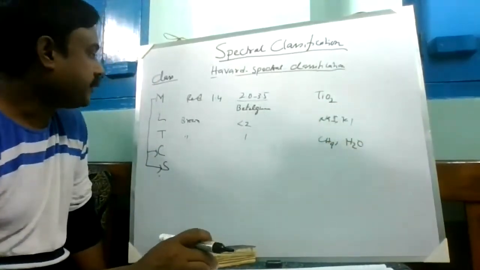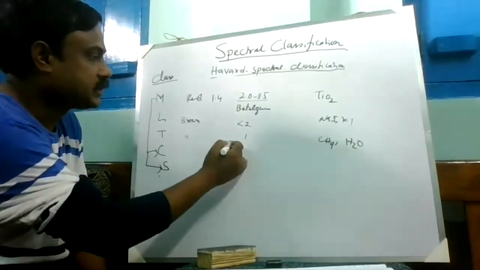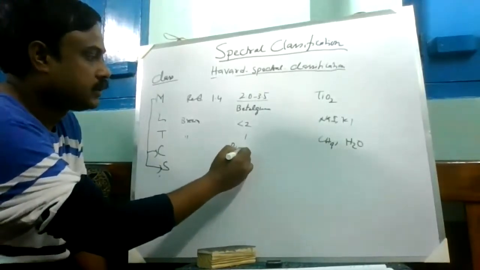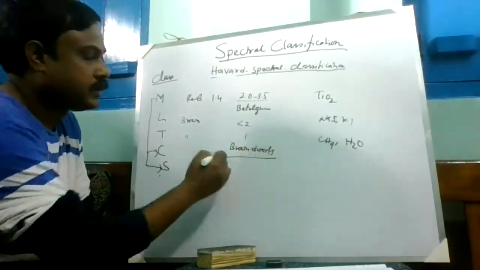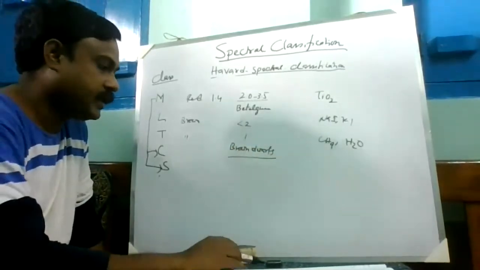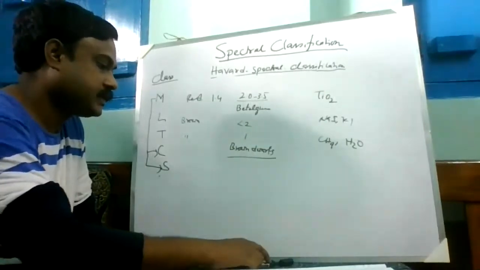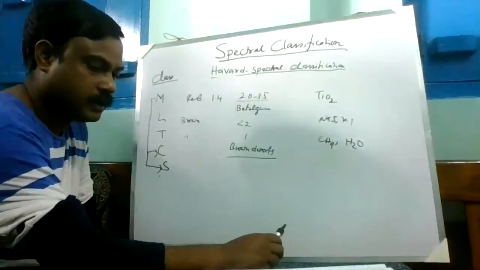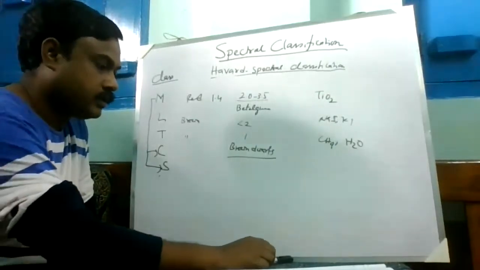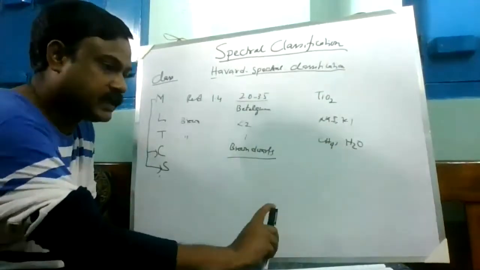These stars are brown dwarfs. They are very less luminous objects because their temperature is very small. So these are the spectral classifications.